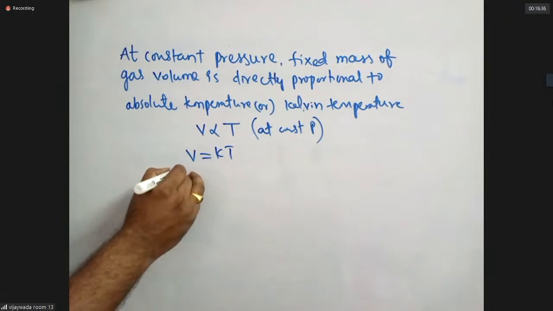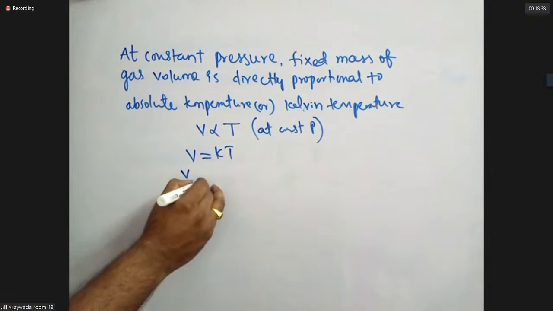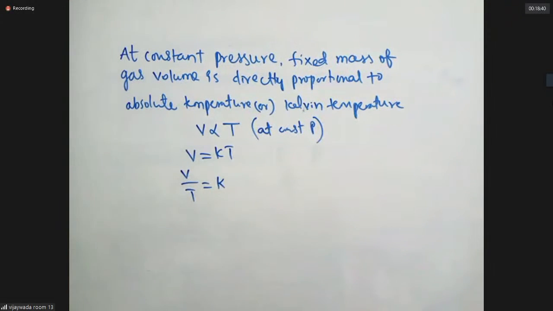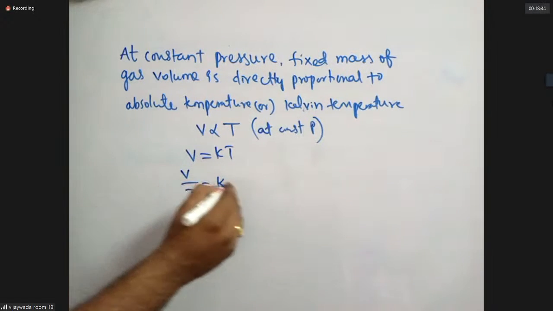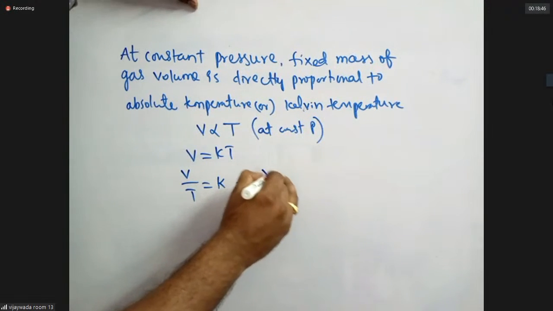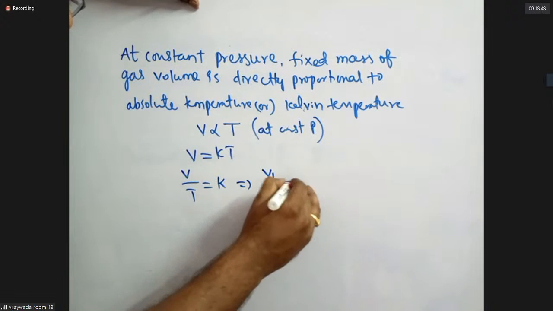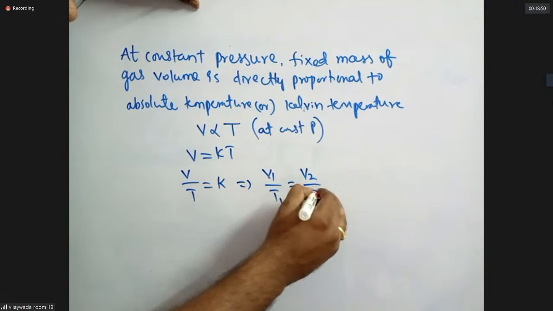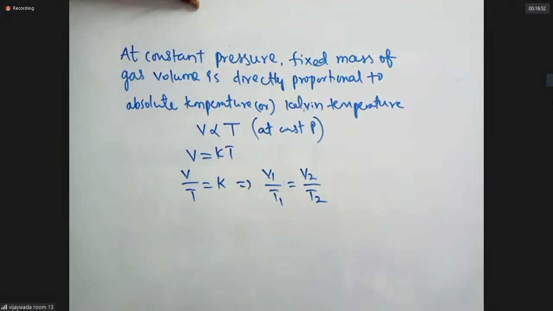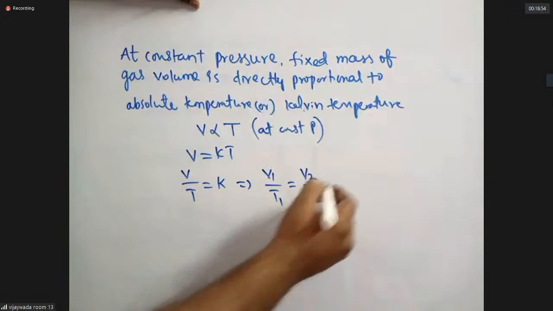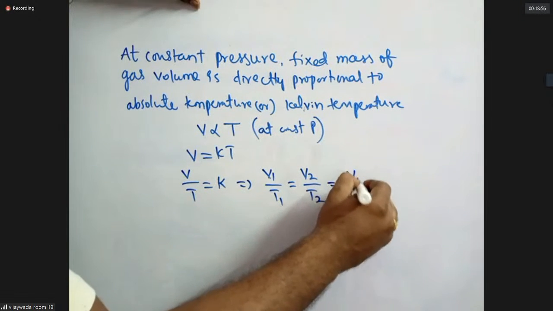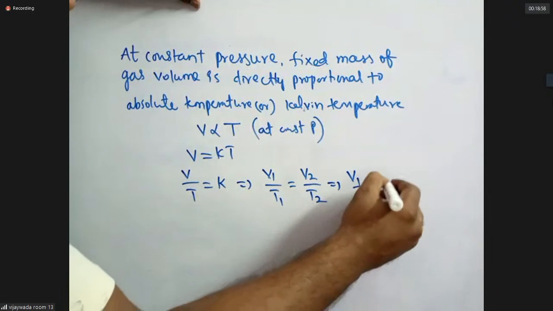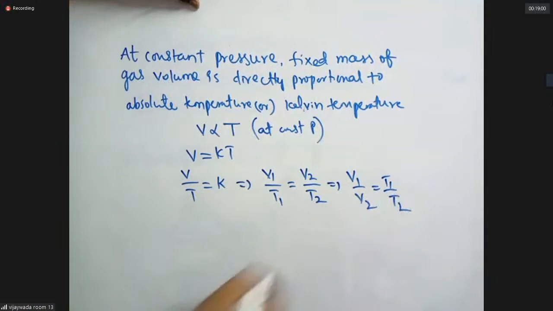From this we can say V by T equal to K. From this we can say V1 by T1 equal to V2 by T2, or V1 by V2 equal to T1 by T2.